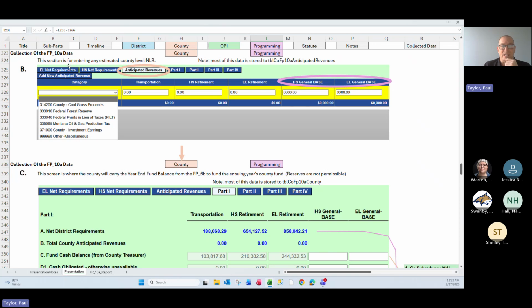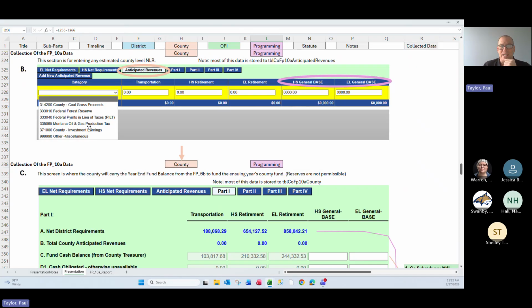Counties also have access to receiving non-levy revenues at a county level. So they get federal forest, maybe some oil and gas production taxes.